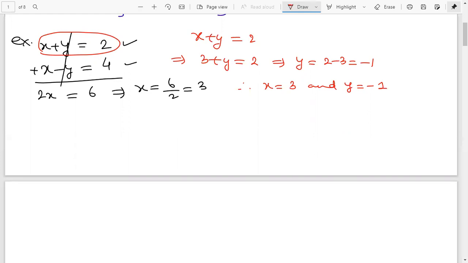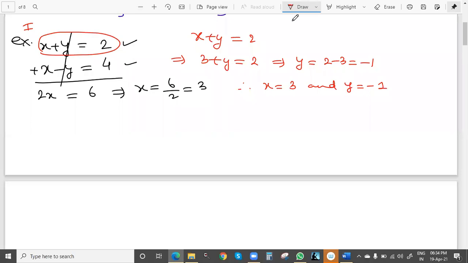We'll see them one by one, other methods also for this particular example. So this was one method.